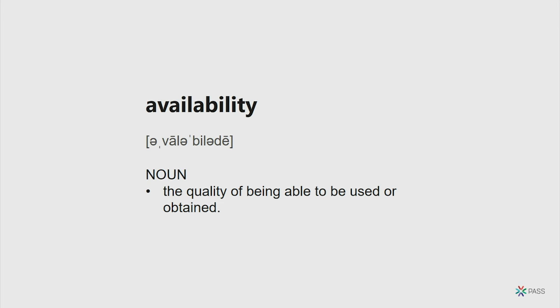You could have the best HADR strategy, but if someone is running a giant query that's blocking everyone from using the database, your database may not be available. That counts as downtime for your application. If your application cannot use the database, then it's effectively down, even if your server is up and running and the CPUs are pegged at 100%.